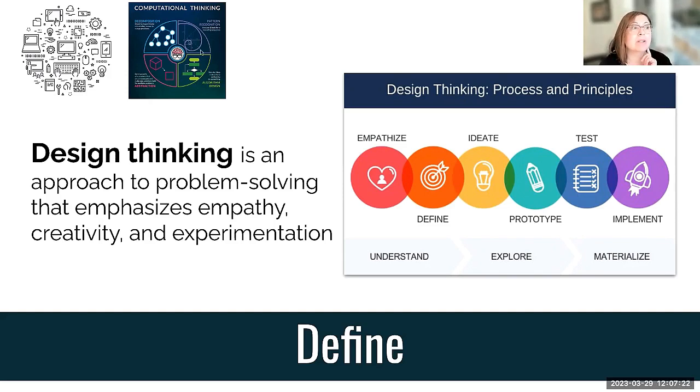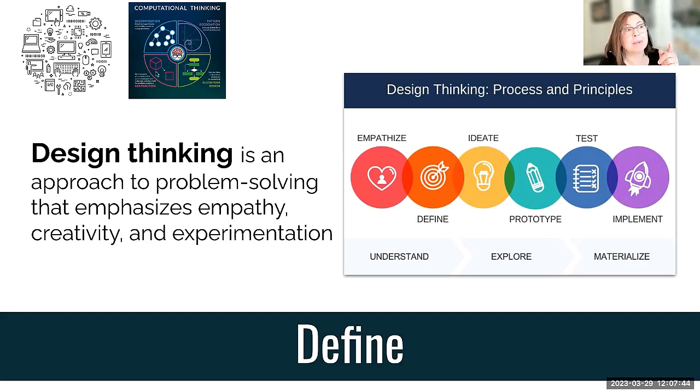So when I go back to computational thinking, you can see breaking something into its parts, looking for patterns, getting rid of the extraneous stuff, coming up with a plan. This could be inside here, where as I'm testing my prototype, maybe I have to go through some computational thinking to do that, and vice versa.